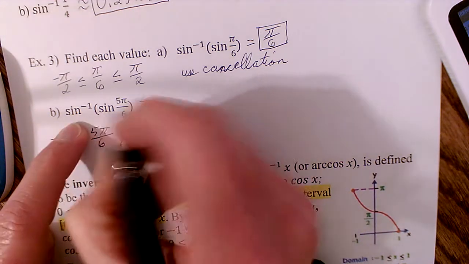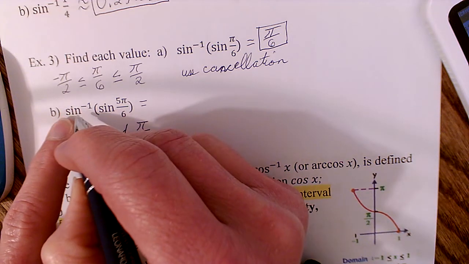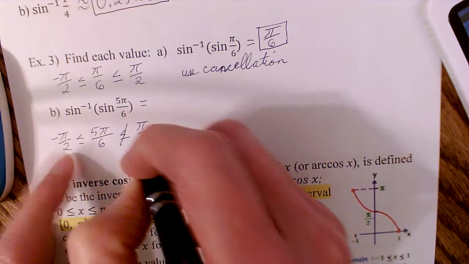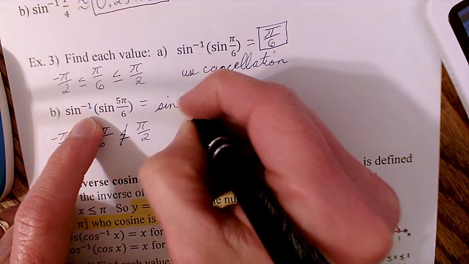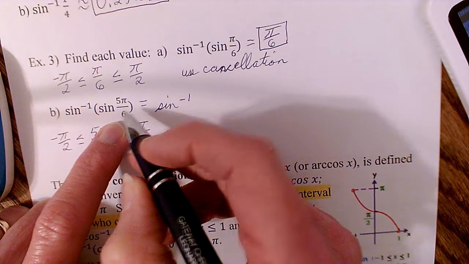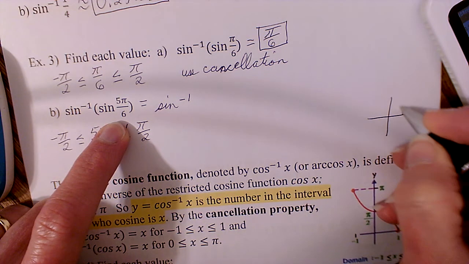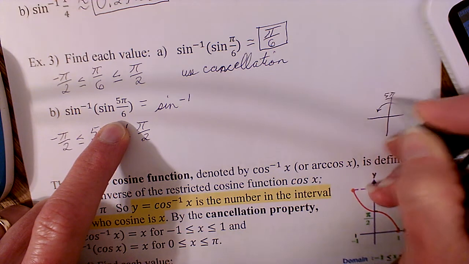So what we're going to have to do instead is figure out what the inside gives us, and then figure out what angle gave us that. So let's see, we were figuring out the sine of 5 pi over 6. 5 pi over 6 is over here.